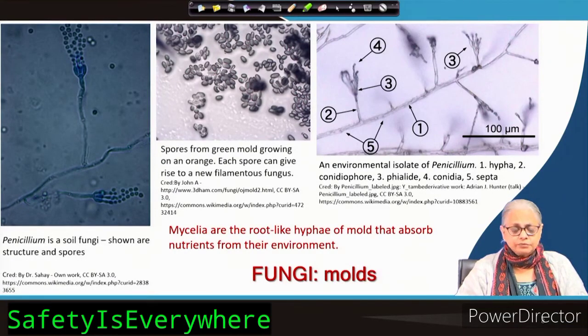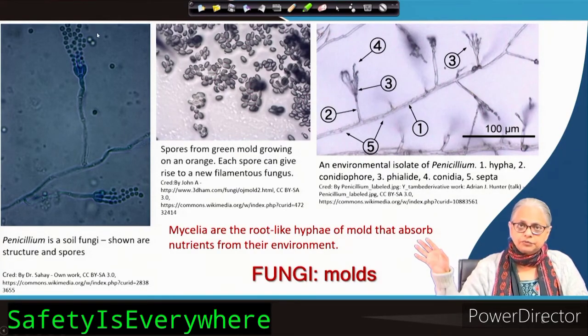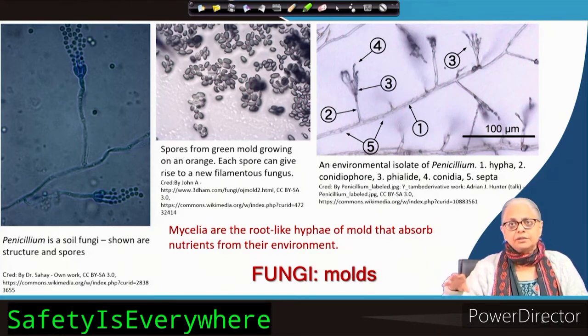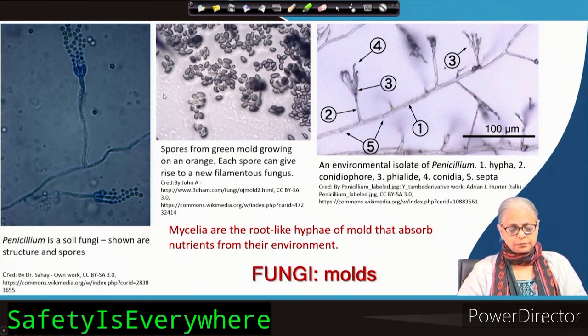Here are examples of fungi. So here we have Paramecium. This is a soil fungi, and you can see the structure of the fungal cells and the spores. It's the spores that spread far and wide, and whenever they find a favorable environment, they will start breeding and reproducing over there. This is another example of a filamentous fungi, and you can't see the filaments in this, but you can see the spores.